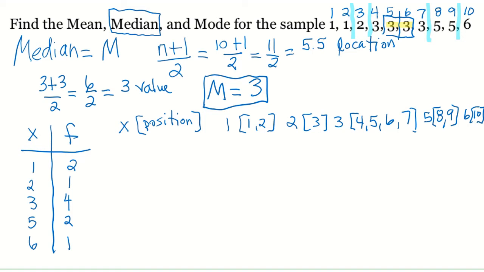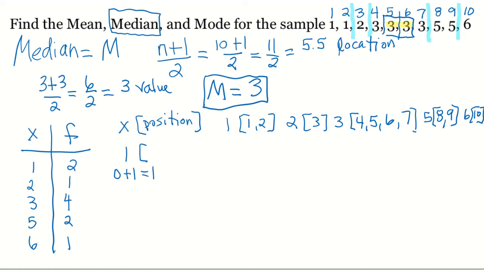Now we can easily see this when they're written down in a row, but if we were just given the frequency table, then there's a trick for easily figuring out what is the range where each of these data values fit in. So let's use our frequency table. So for the first one, we're going to write down 1. And then to figure out the lower end, we're going to take the number 0 and add 1.